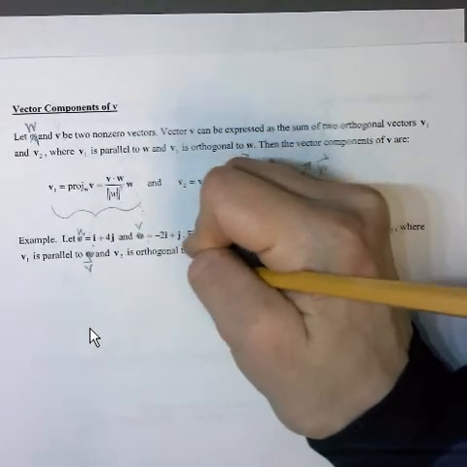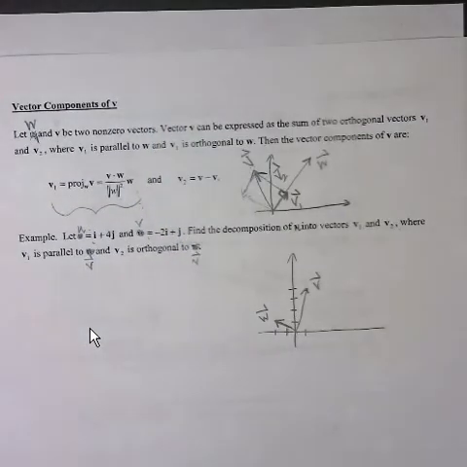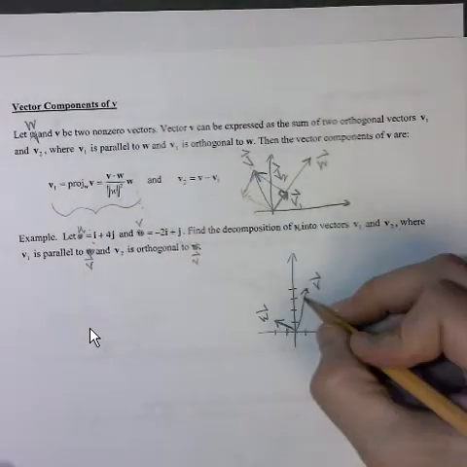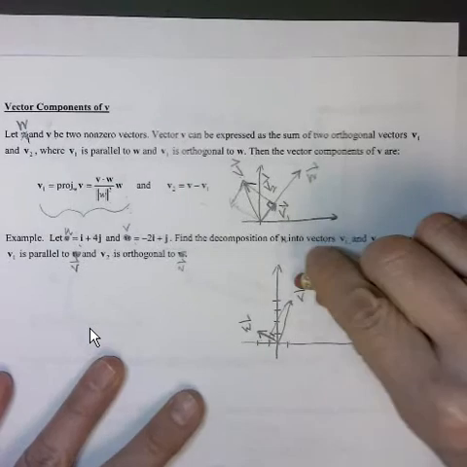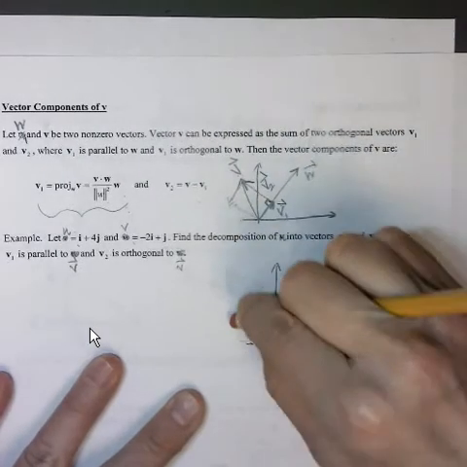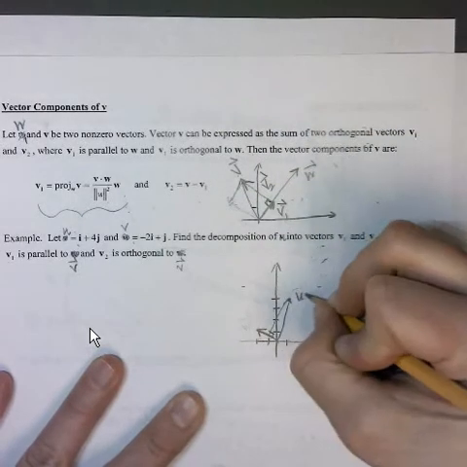Okay, so we already drew this picture once, but now I relabeled, right? This was u and this was v.